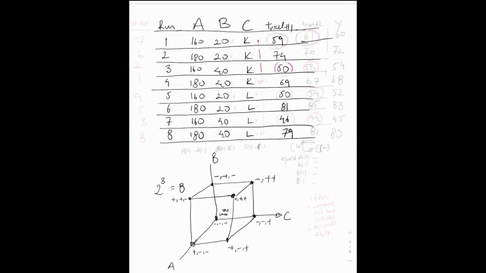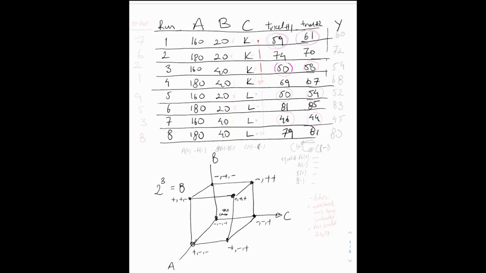And you also did your trial number 2, and trial number 2 gave you 61, 70, 58, 67, 54, 85, 44, and 81. So then your system response in that case is going to be Y.